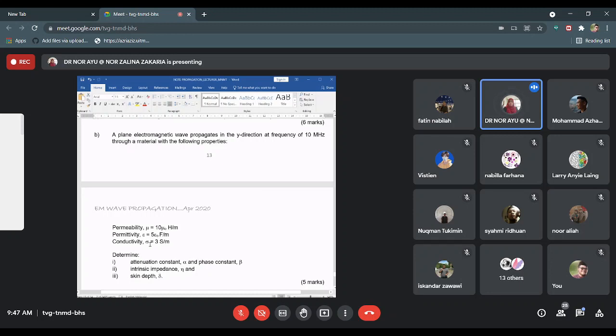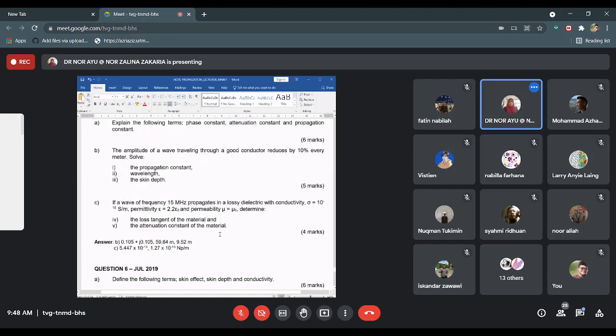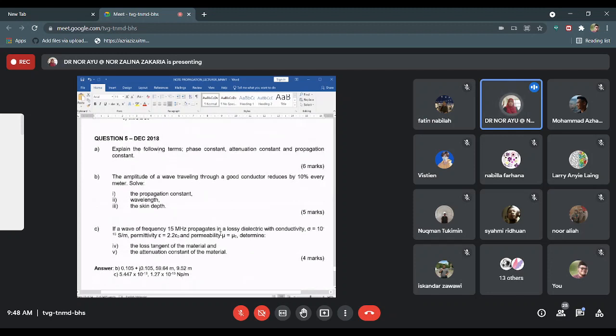And then how do we determine whether it is a good conductor or not? Refer back, and if you can relate it to its epsilon or its mu. Okay, next one. This one says good conductor.